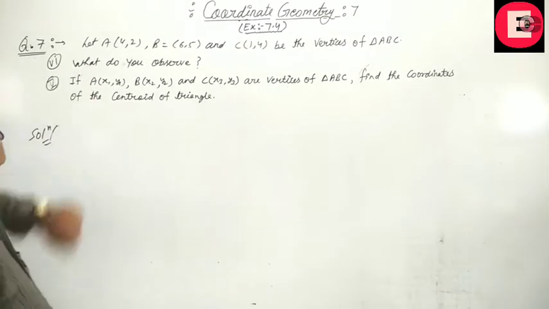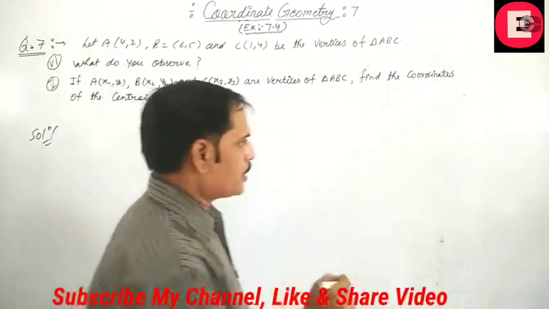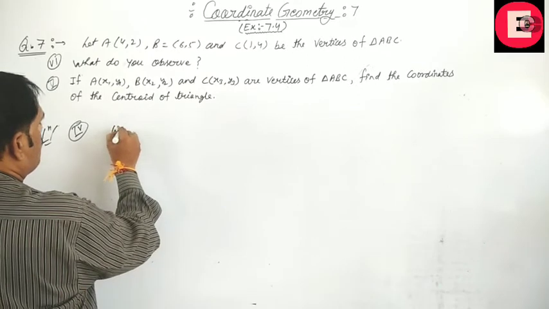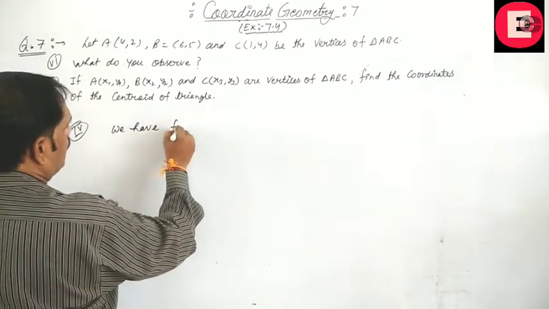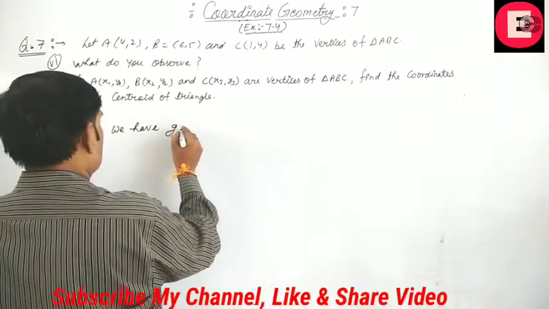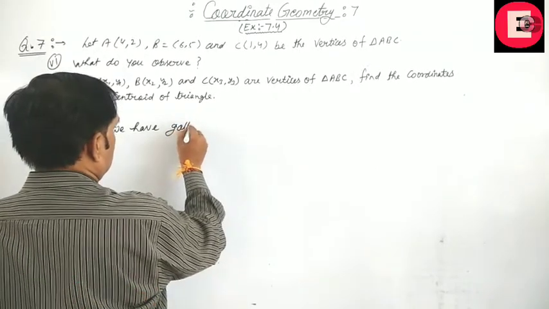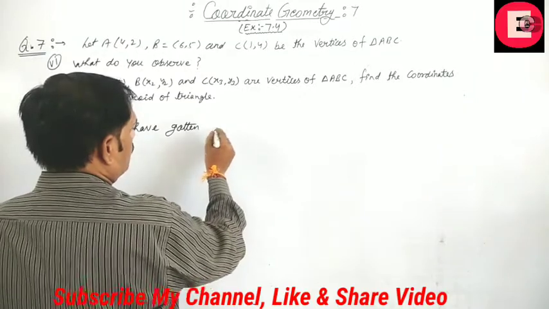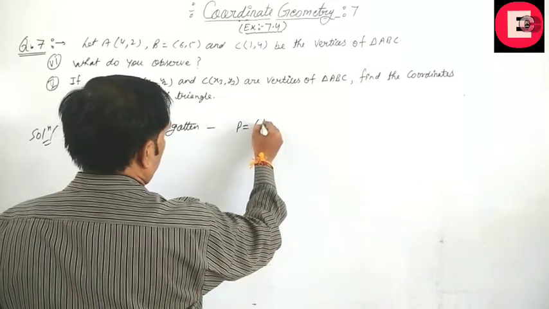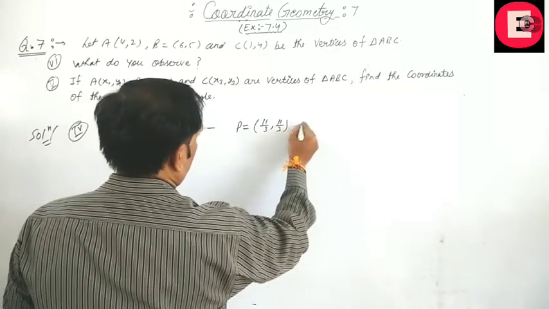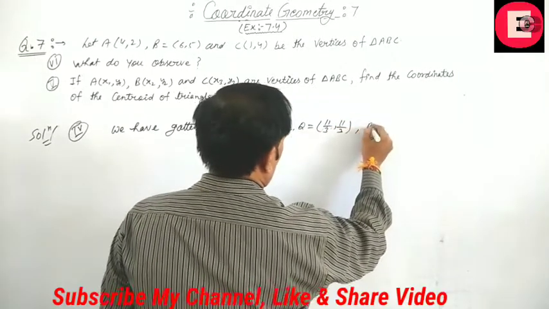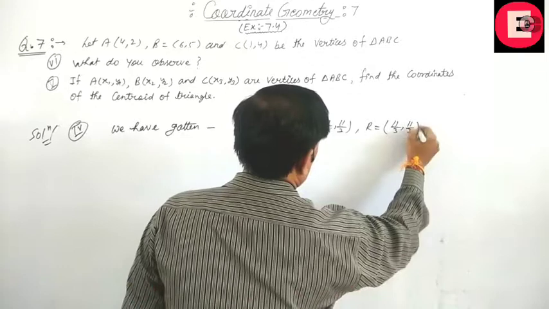So in the fourth part of the question, what do you observe? First thing: for the fourth part, we have gotten P is equal to (11 upon 3, 11 upon 3), Q is equal to also (11 upon 3, 11 upon 3), and R is equal to (11 upon 3, 11 upon 3).